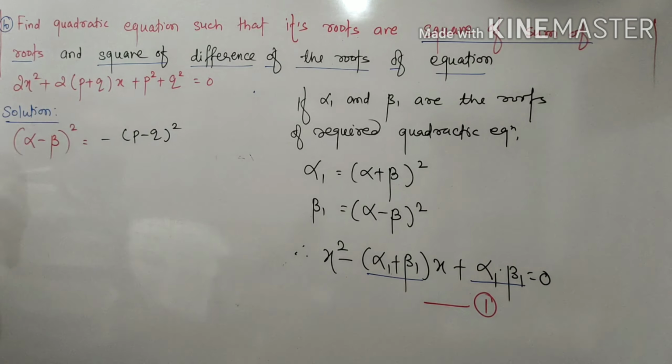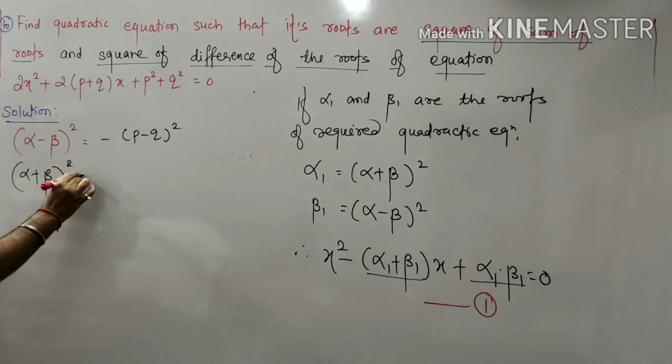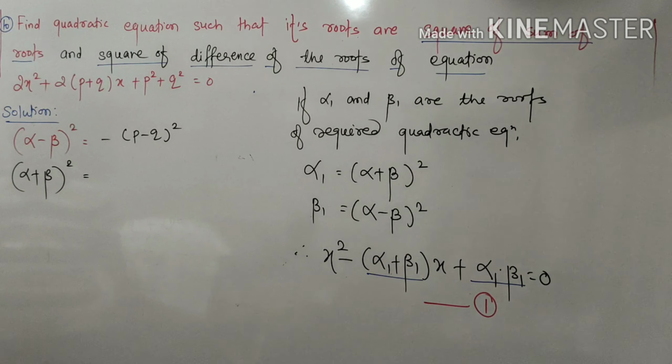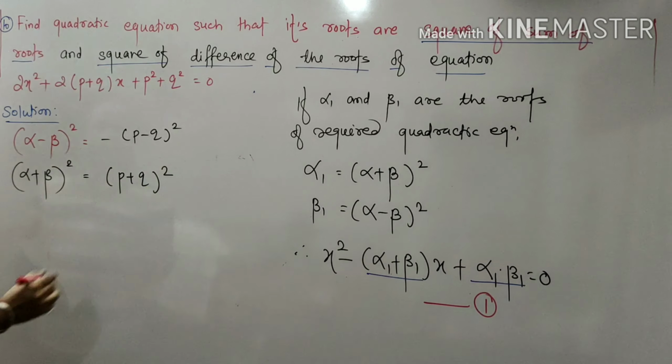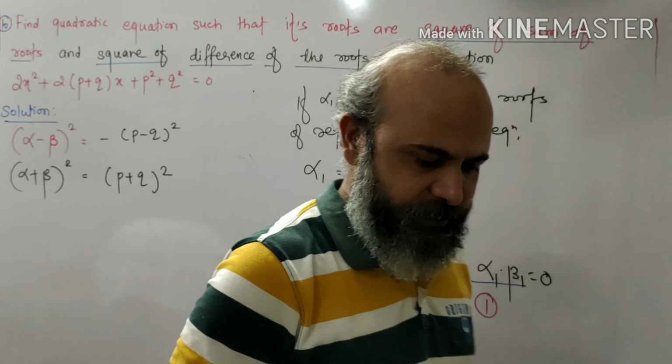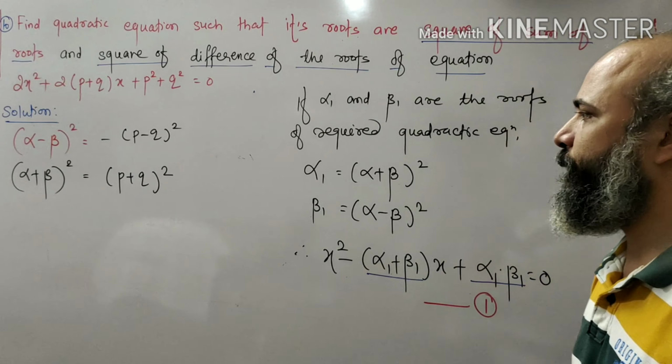And already we have calculated alpha plus beta the whole square. So alpha plus beta the whole square is p plus q the whole square.